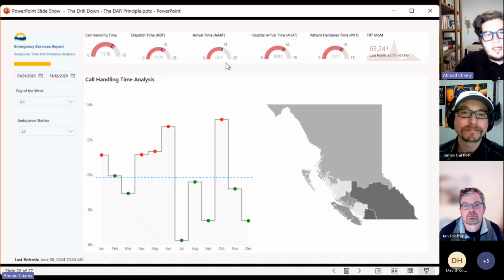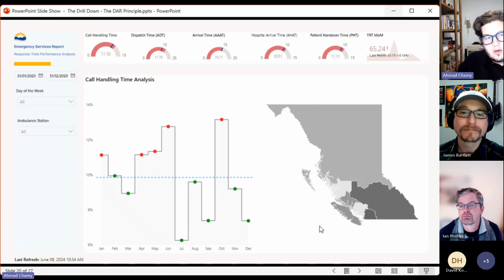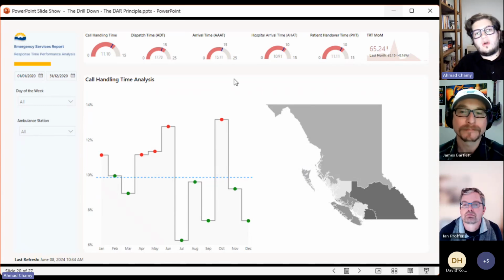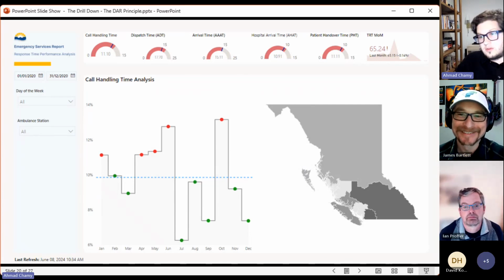Then we place key indicators at the top of the screen and the more detailed content further down the page. These small visual decisions can go a long way. That way we're not turning our end users into Sherlock Holmes, asking them to solve a puzzle. We're giving them the insights and helping them gain situational awareness.